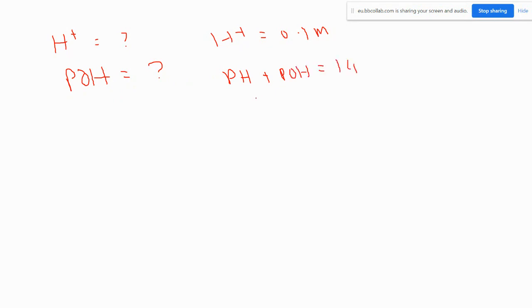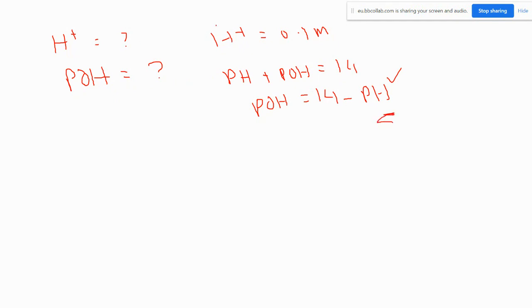Now, the question is, suppose H positive is equal to 0.1 molar. What is the pOH of this solution? You cannot find pOH unless you find pH. So pH plus pOH is equal to 14, and pOH will be equal to 14 minus pH, but I need pH first.